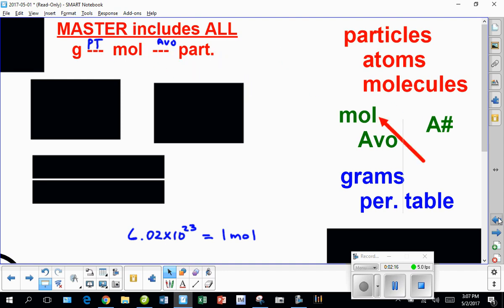When we're up at these guys, we're in Avo territory because we have particles that we're coming from and going to moles, or moles that we're coming from and going to particles. Both of those work with the Avo number, which is right down here.